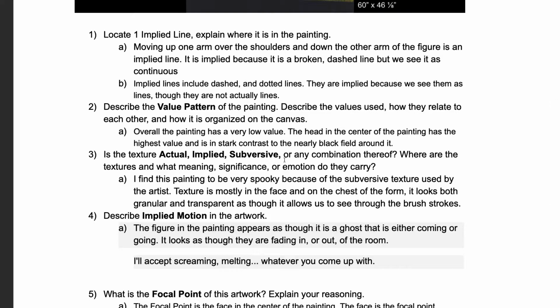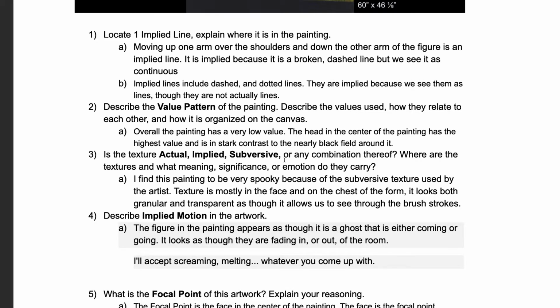The value pattern of the painting. So, similar to the color pattern, this term is asking you, how is the painting organized? But we are not talking about color. We are talking about value.